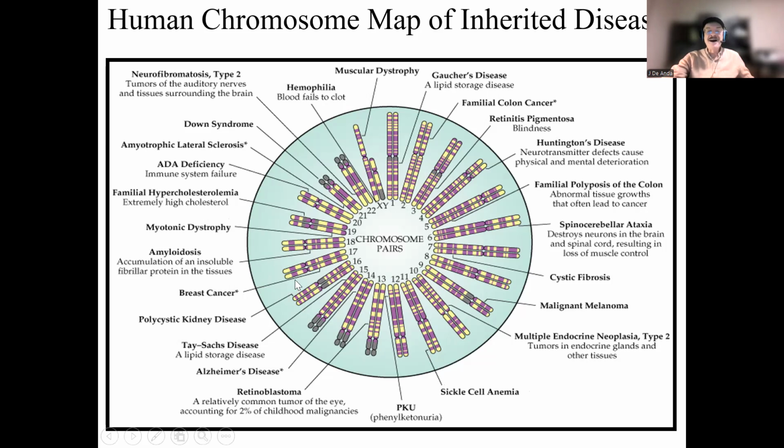Some of these are not as straightforward as they might seem here. For example, with breast cancer, there are several genes that seem to be associated with that condition. Not all of the functions of these genes are specifically known, and this is one of the major areas of research if you're ever interested in going into any kind of research.